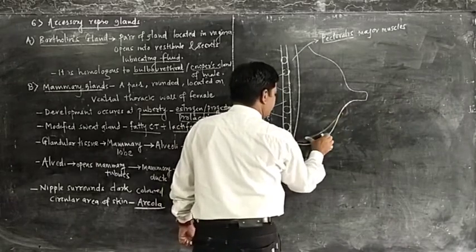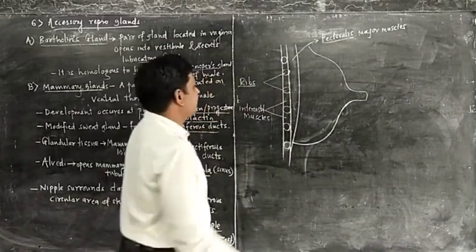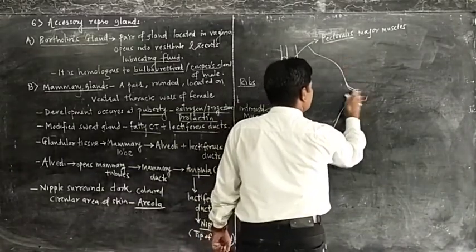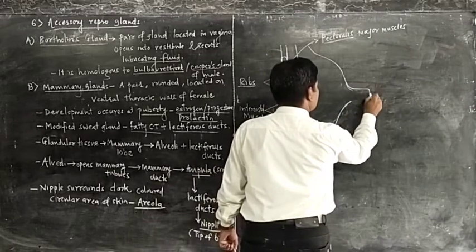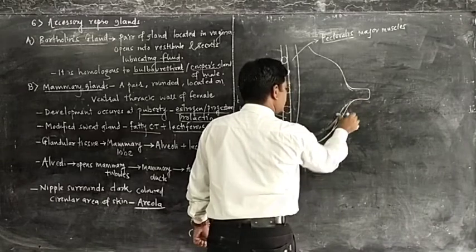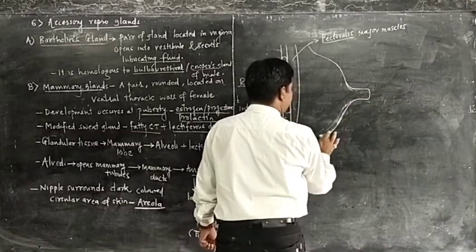This is the mammary gland, and this mammary gland is made up of glandular tissue.